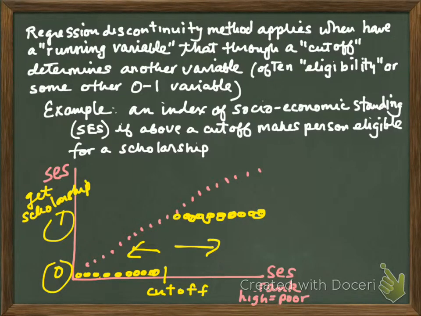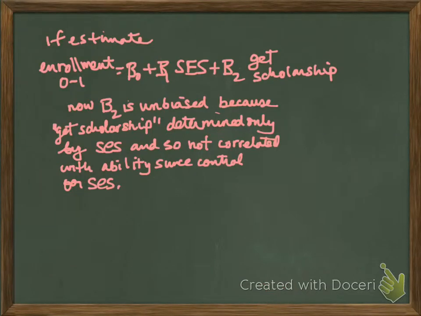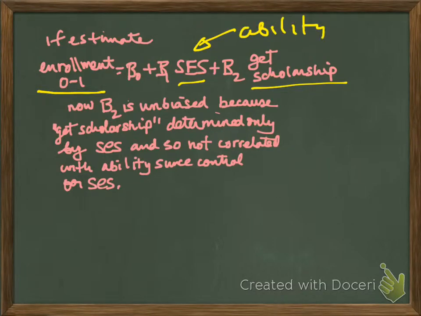Once you control for the SES score, that enables us to run a regression that looks like this, where we have enrollment as the outcome, we have the SES score as one explanatory variable, and we have whether you get the scholarship or not as another explanatory variable. So SES is definitely correlated with the child's ability, so we don't want to interpret beta 1 as any indicator necessarily of whether your poverty indicates whether you're enrolled, because it might be well correlated with your ability.